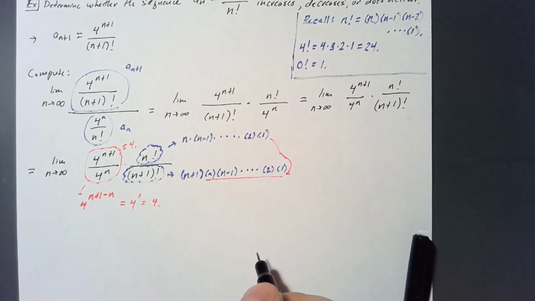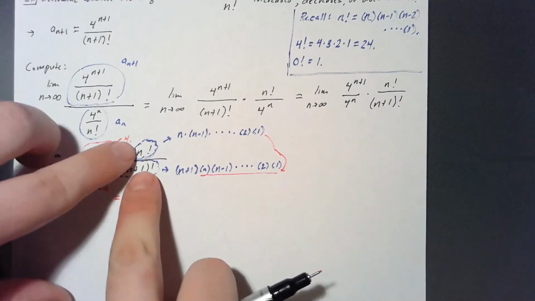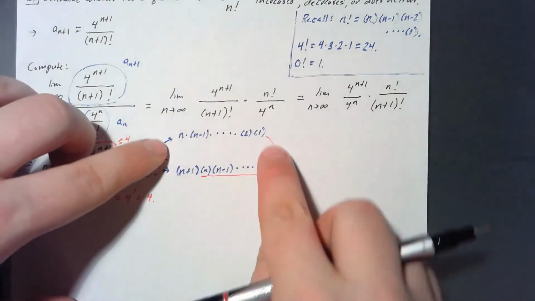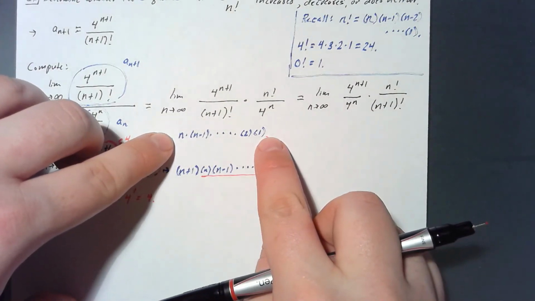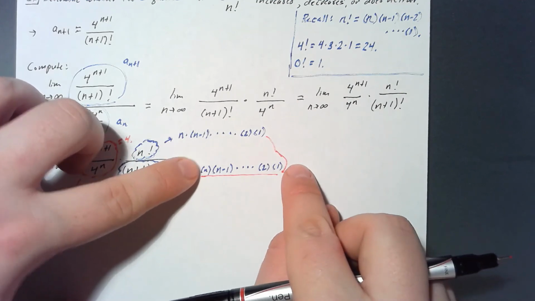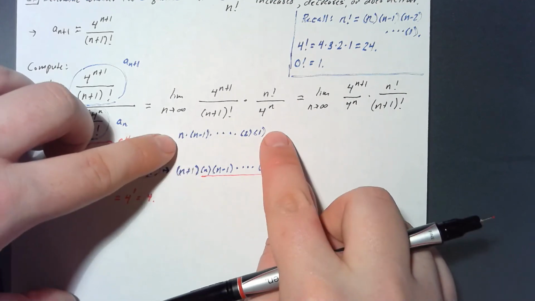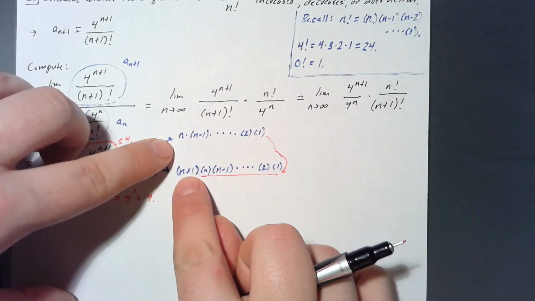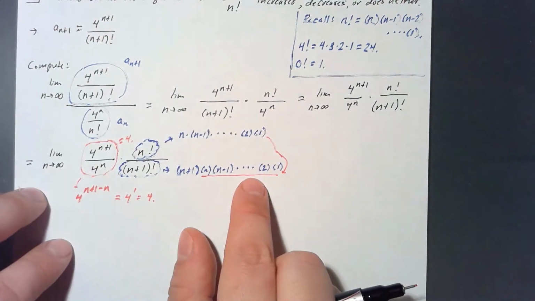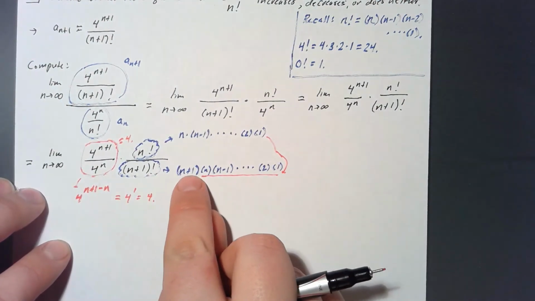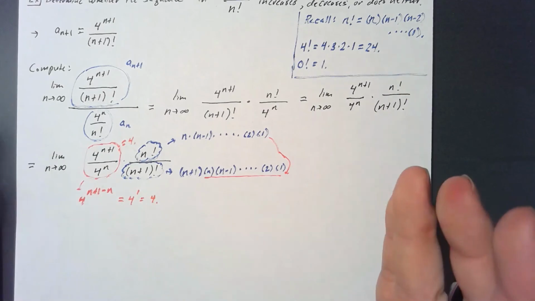Everybody see that? So if I lift these out term by term, these terms are going to cancel out with these terms down here. And all I'm going to be left with is a 1 over n plus 1 term. So the only term that survives is the n plus 1 in the denominator. That's it.